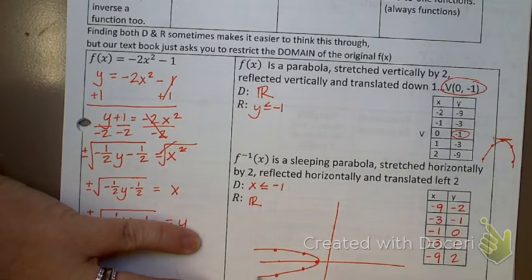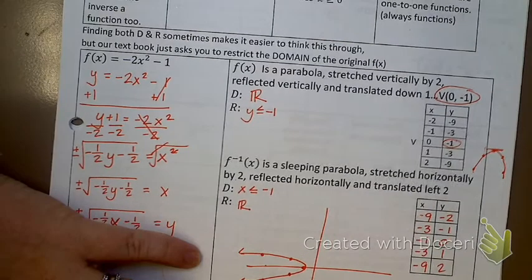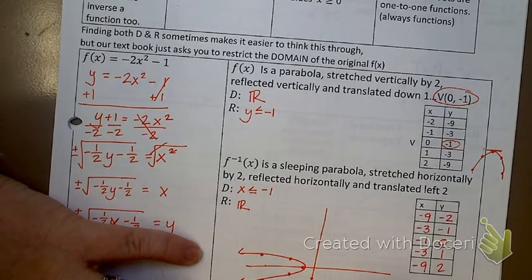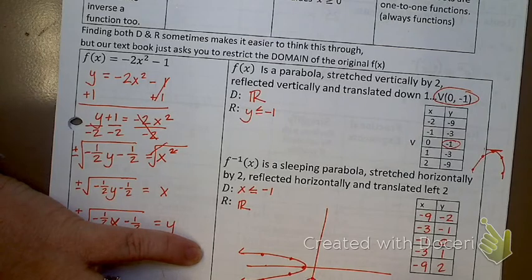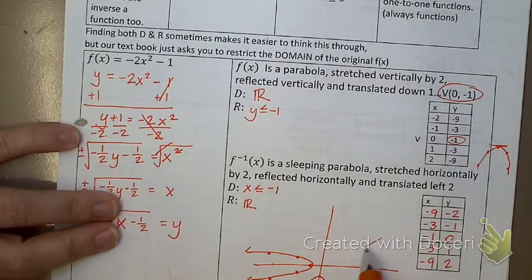We've got something that looks like that, whereas the original one was like that. So there's our reflection. If we wanted to, we could graph those.